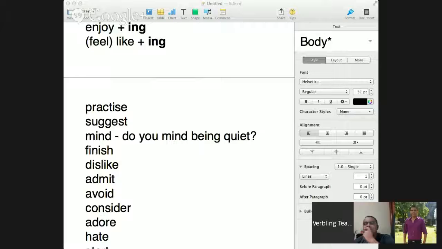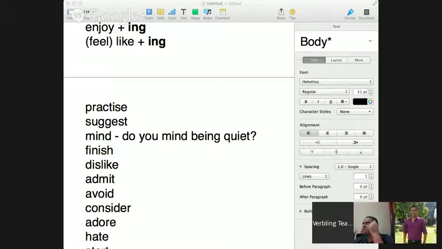That actually becomes the kind of point of your sentence. The sentence cannot end there. So I admit eating too much lately is making me fat. Could be okay. Let me just say, I admit eating too much lately.